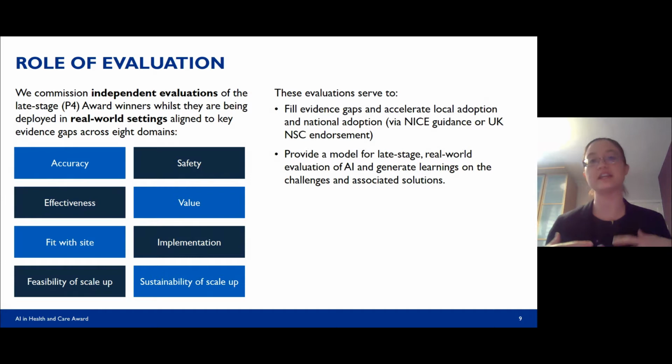We also know that there aren't any agreed standards about how you do real-world evaluation of AI technologies. So we expect these evaluations to provide a bit of a model for the how-to around real-world AI evaluation, and we're really learning by doing.